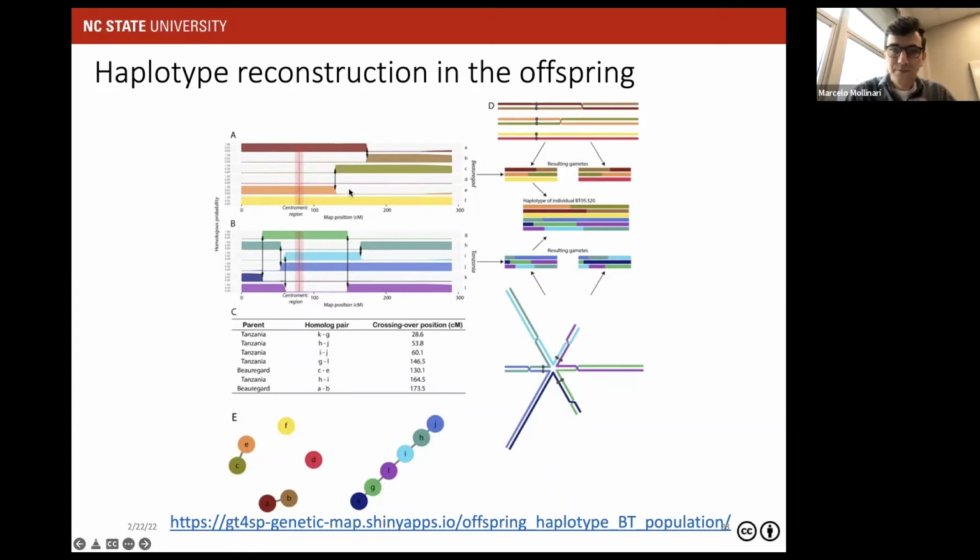So here we have the same graphic that I was showing you some slides ago. This is one individual in our biparental population, and I'm just studying the meiosis in this one individual. Actually, I'm studying the meiosis in the parents of the individual, in the gametes that were formed to form this individual, right?